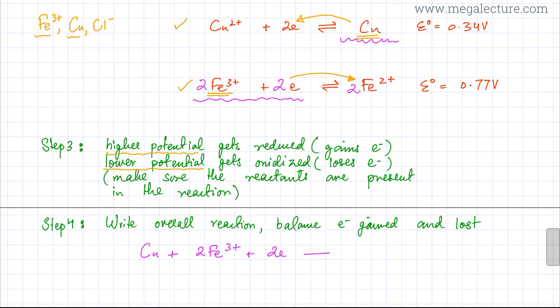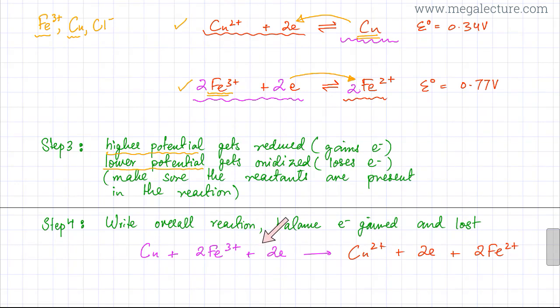And now I'm going to look at my products. In the first reaction, the product is Cu2+ and 2 electrons. In the second reaction, the product is Fe2+. So it's going to be Cu2+ plus 2 electrons, and the other product is 2 Fe2+.